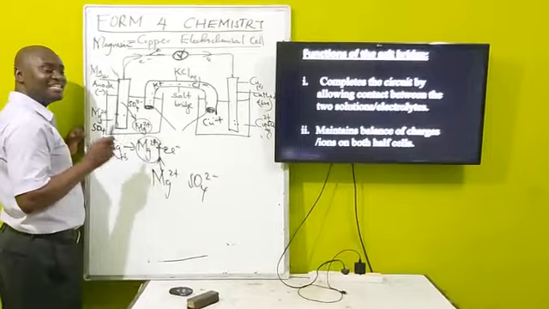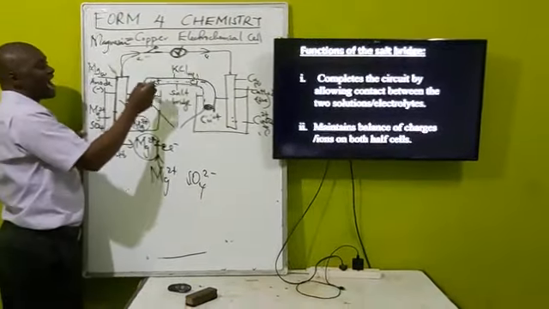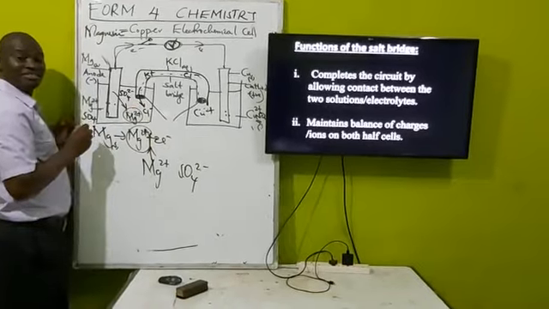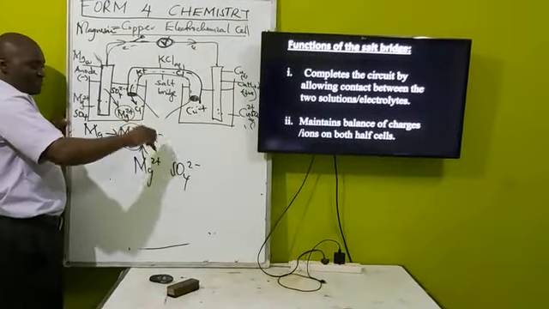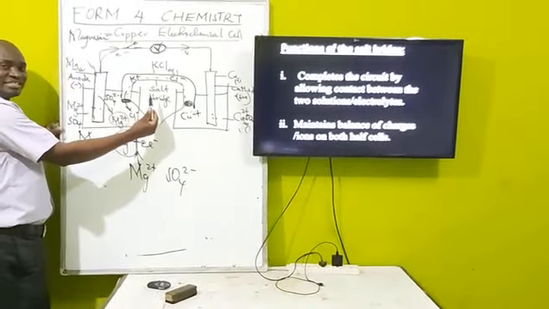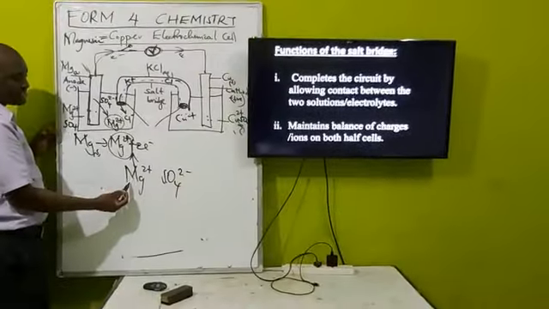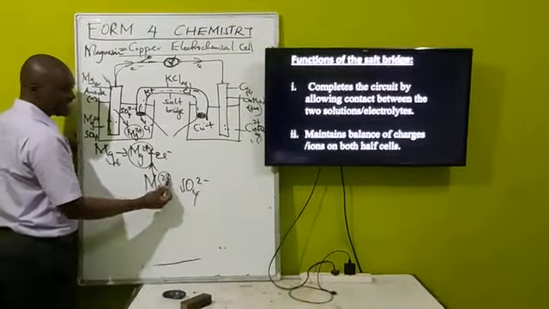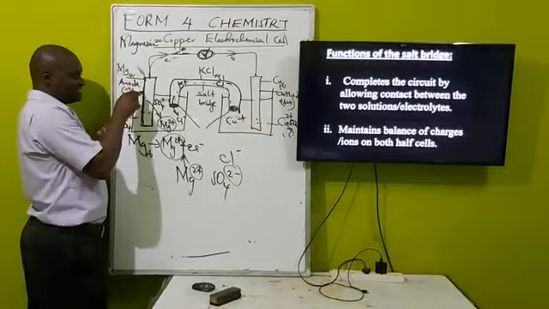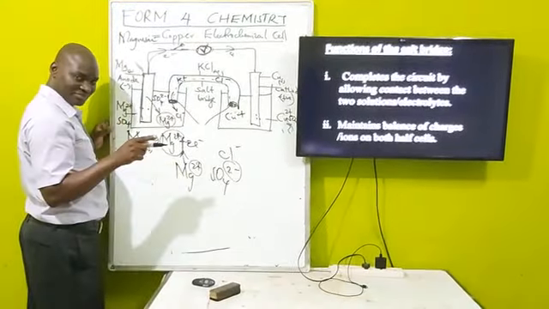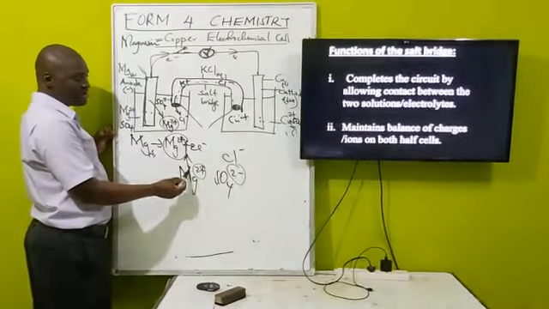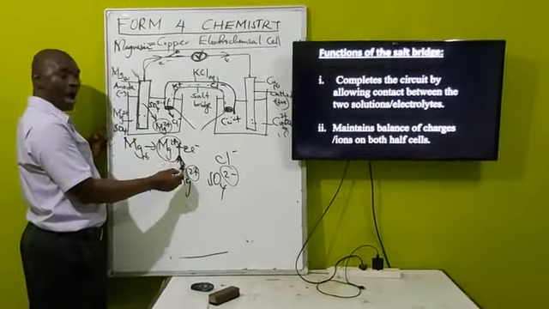To maintain that neutrality, the chloride ions, which are negative, will come in. The chloride ions will move in to increase the number of negative charges, so that we have an equal number of positive and negative. This rod dissolves to give magnesium ions, so the number of magnesium ions will go up.